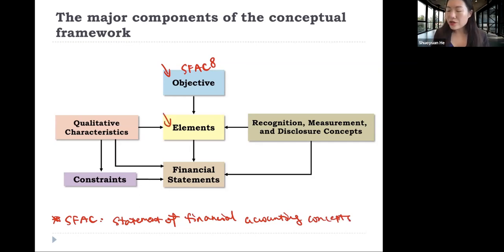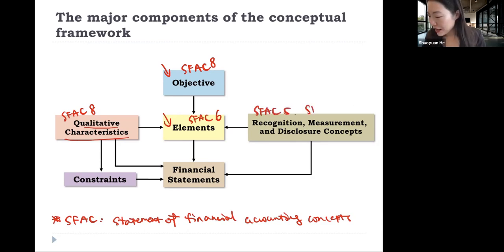And it also includes the elements, in SFAC number 6. Qualitative characteristics, that's in SFAC number 8. Recognition, measurement, and disclosure concepts, that's in SFAC number 5 and SFAC number 7. And constraints, that's in SFAC number 8.